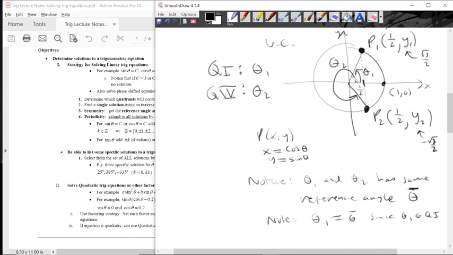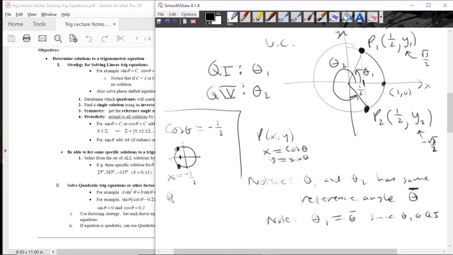If you didn't have a solution in quadrant 1, when would that happen? Well, let's say you were solving cosine of theta is equal to negative 1/2. If you're solving this equation, notice that when we draw our unit circle, we would be looking for where x is negative 1/2. That's where x is negative 1/2, here and here.